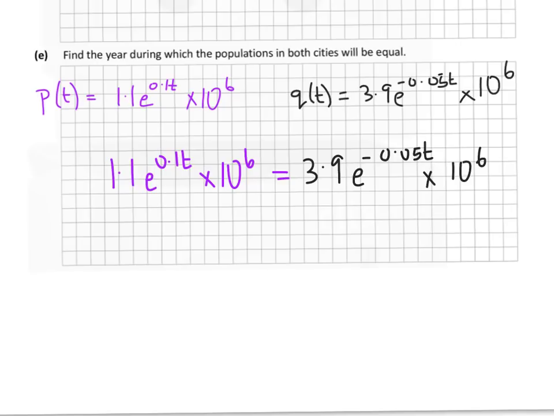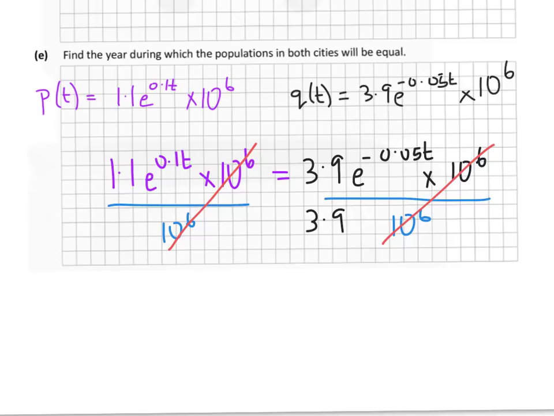Now I'm going to divide across here by 10 to the power of 6. So I'll also divide here by 10 to the power of 6, and it just tidies those up and gets rid of those for me nice and easily. Okay, so the next thing I might divide here by is 3.9 to tidy up this side. So if I divide there by 3.9, I'm also dividing here by 3.9.